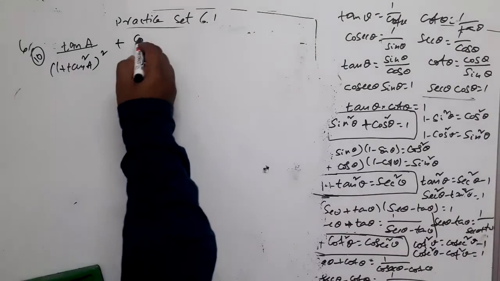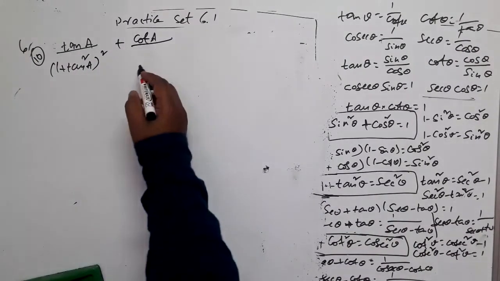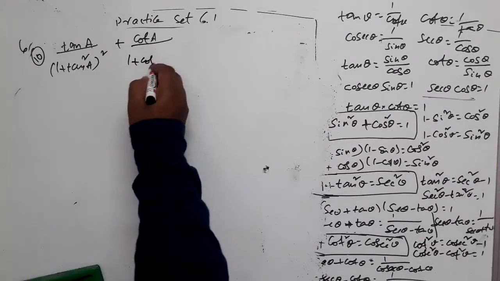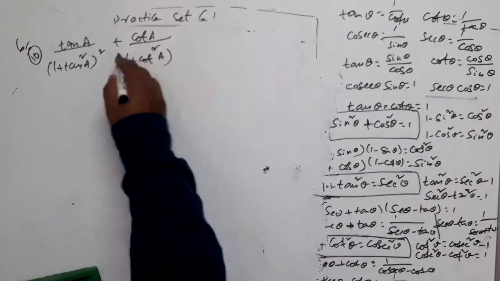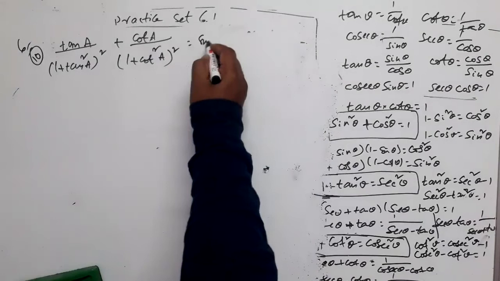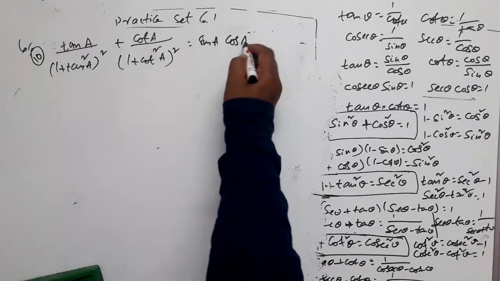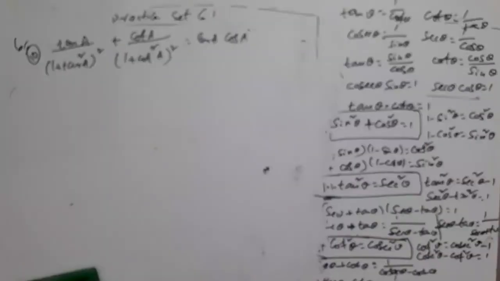Prove that tan A upon 1 plus tan square A whole square plus cot A upon 1 plus cot square A whole square is equal to sin A multiplied by cos A. This is what you are supposed to prove.